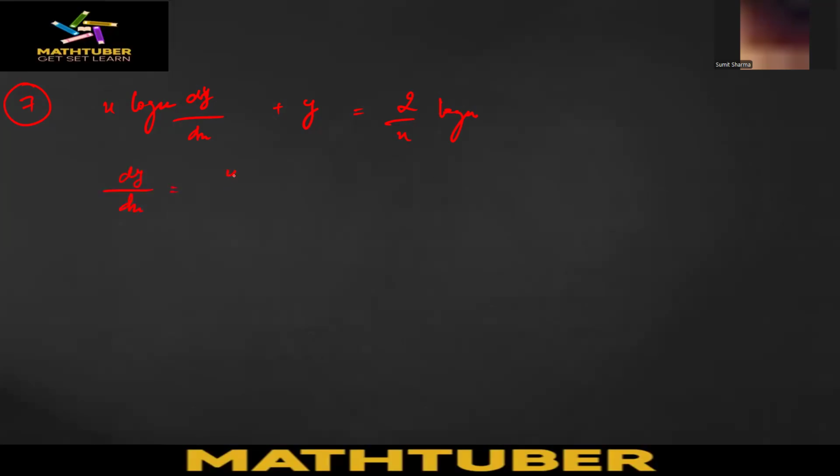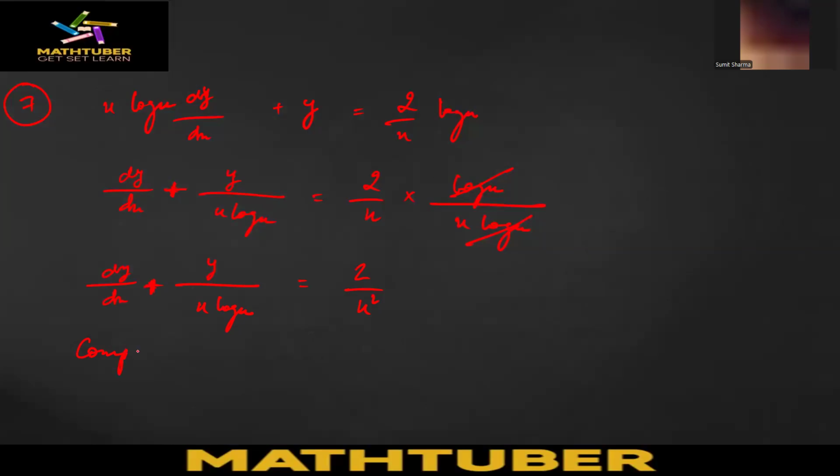So dy by dx plus y upon x log x is equal to 2 upon x into log x upon x log x. Log x will get cancelled. So dy by dx plus y upon x log x is equal to 2 upon x square.